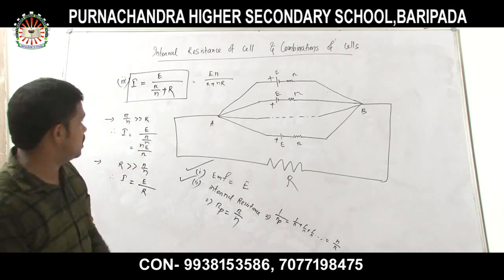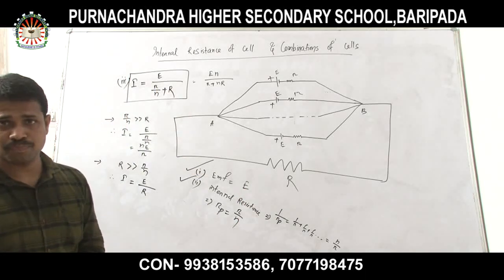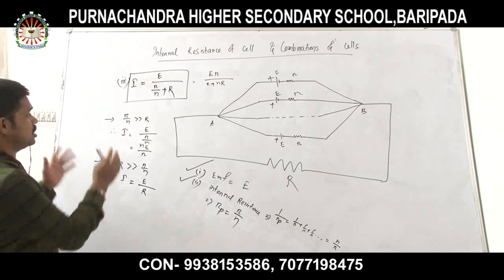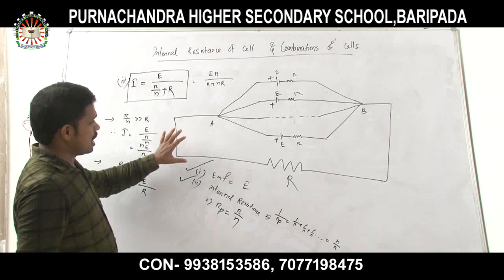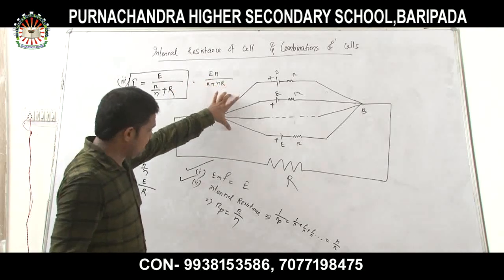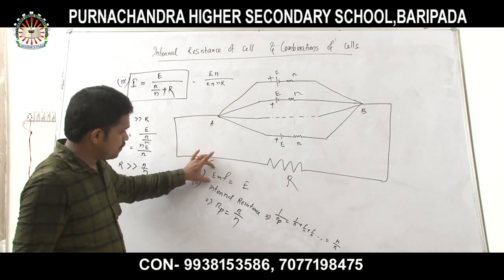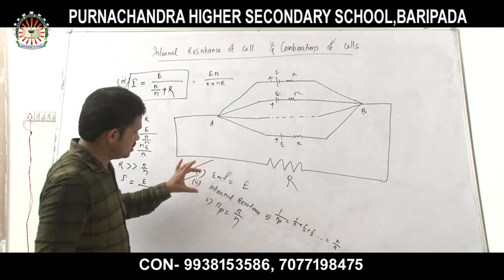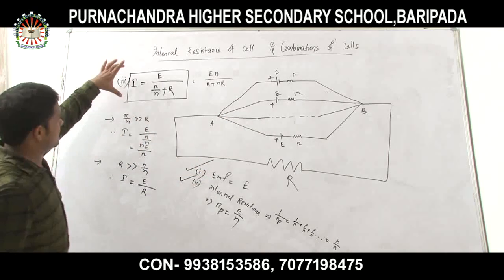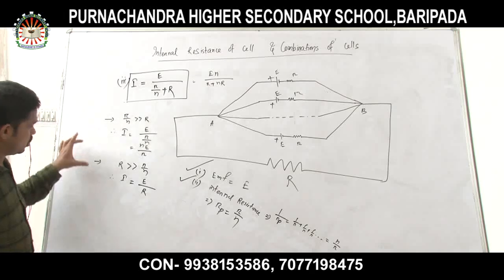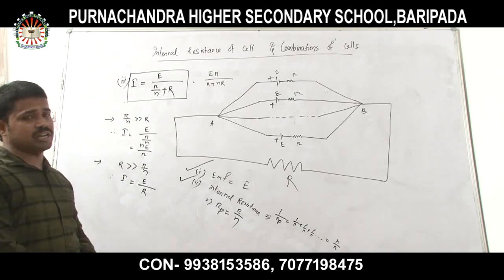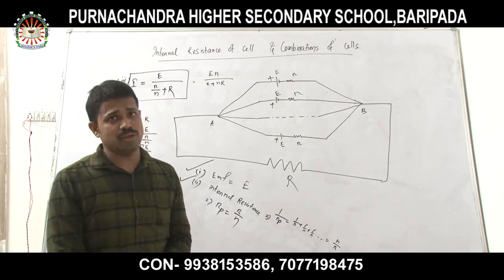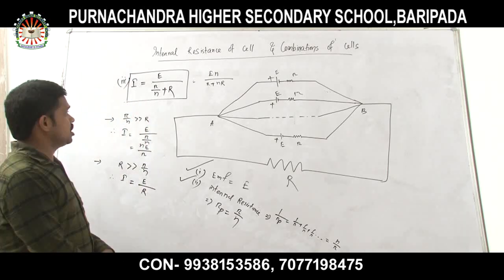In which combination? The parallel combination. Okay, so this is all about the parallel combination of cells. This is your circuit, the EMF, then the internal resistance, then the current value, then these two cases. Remember these two cases. Again, it is very important from the derivation point of view and also from the problem point of view. I think all of you are clear.